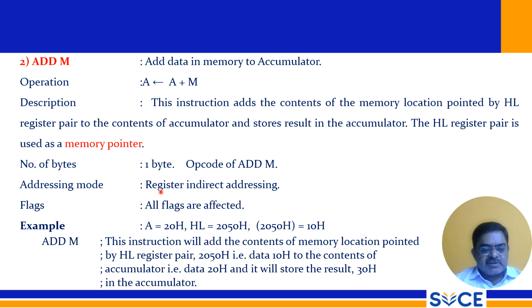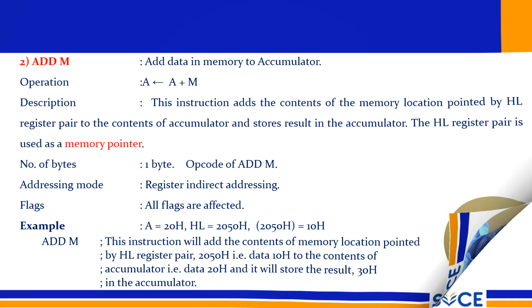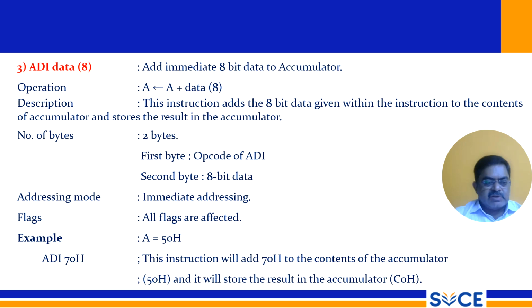Here you can see register indirect addressing mode, and all flags are affected. A is having 20 and HL is having address 2050. In that address we have data 10. So this 10 is added to 20, and the result 30 will be stored in the accumulator again. That is ADD M. Next, ADI 8-bit data, in immediate addressing mode, and all flags are affected.